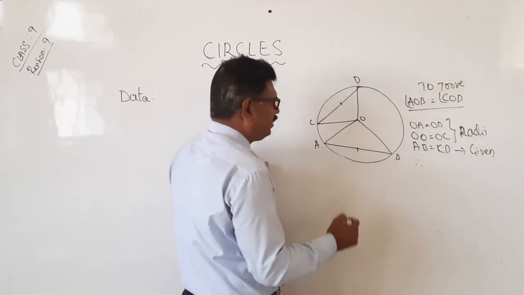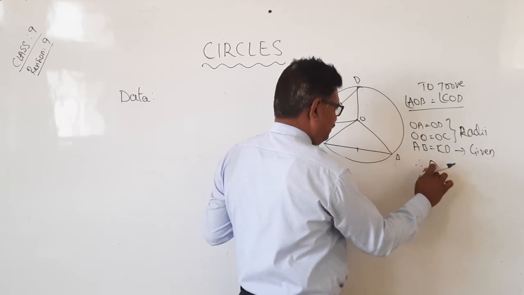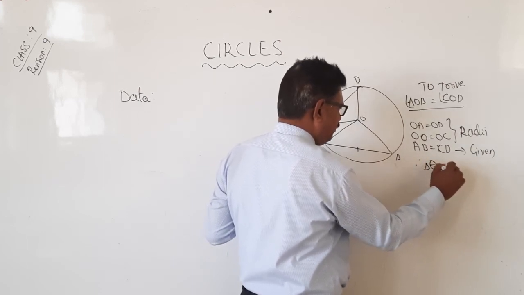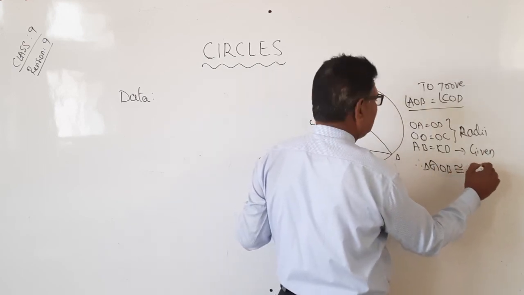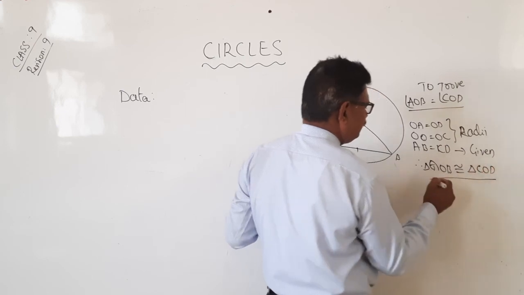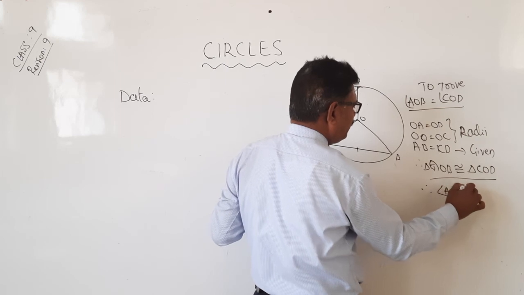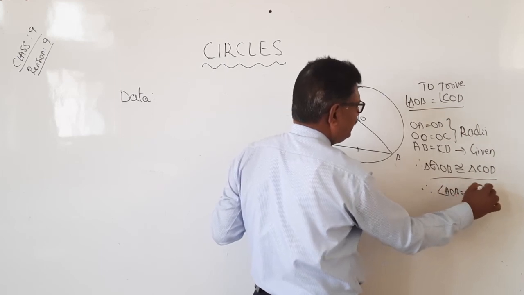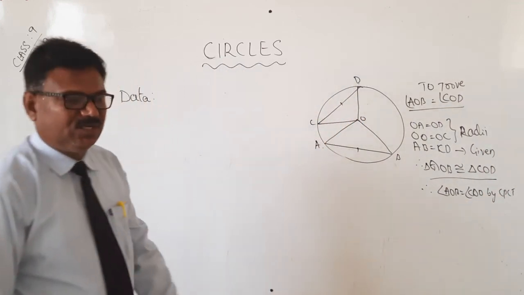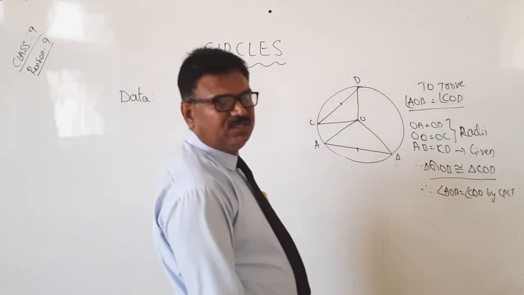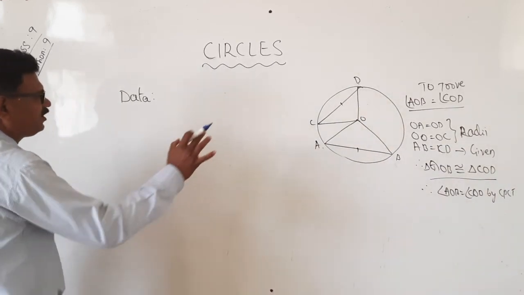Therefore, by the SSS condition, triangle AOB is congruent to triangle COD. Therefore, angle AOB equal to angle COD by CPCT. CPCT means corresponding parts of congruent triangles. Let me prove it like this. So a theorem must be proved like this.